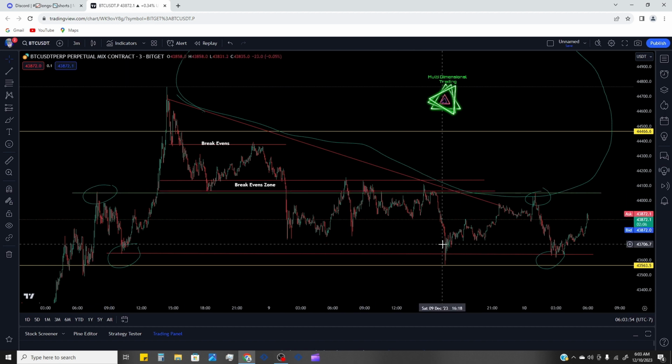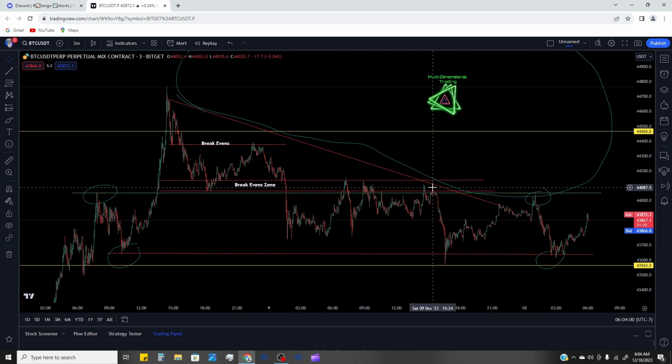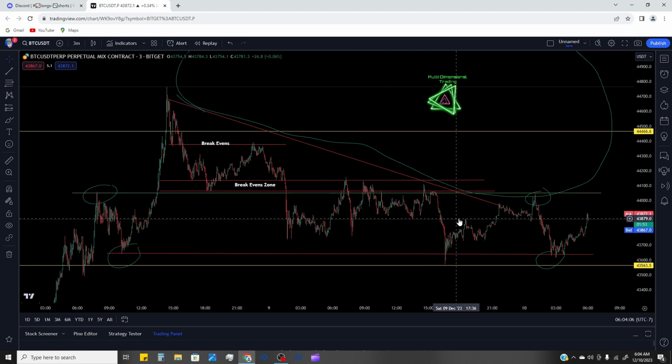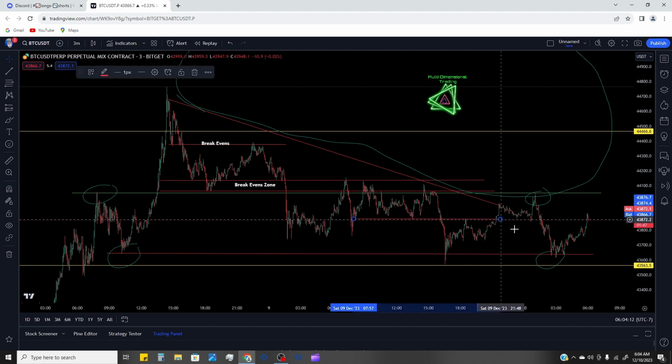When price comes back up, we know we're not looking for a break even area because this is slightly different. Although it did short at what break evens was for this small run, right?